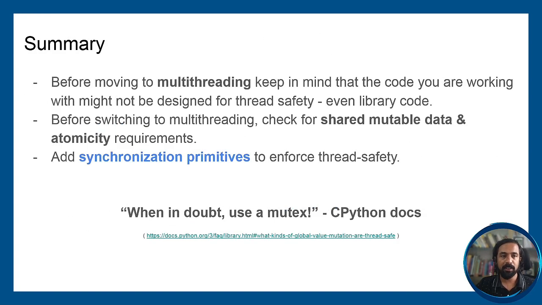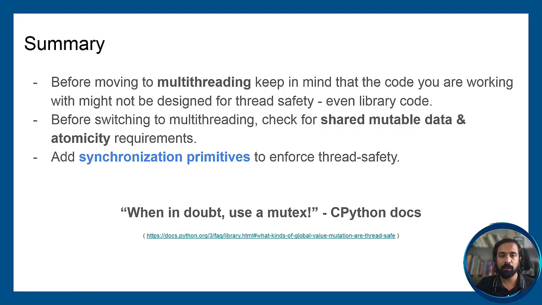Now, summarizing everything we have seen. When moving to multi-threading, there can be issues such as race conditions, which can produce unexpected side effects or results. Whenever we are moving to a multi-threading model, we should keep in mind that the code we are working with might not be designed for thread safety. This can even happen with standard library code as well as third-party libraries.